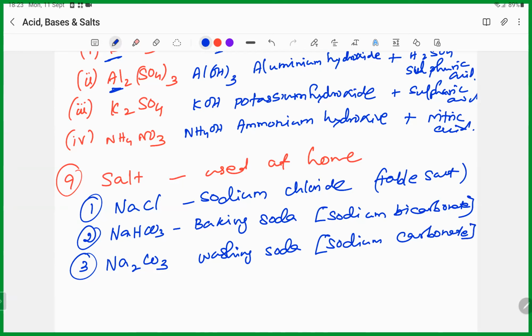ப்ளீச்சிங் பவுடரா? சால்ட் அது? கால்சியம் ஹைட்ராக்சைடு பிளஸ் ஹைப்போக்ளோரிக் ஆசிடா? சரி சொல்லு. CaOCl2, bleaching powder.